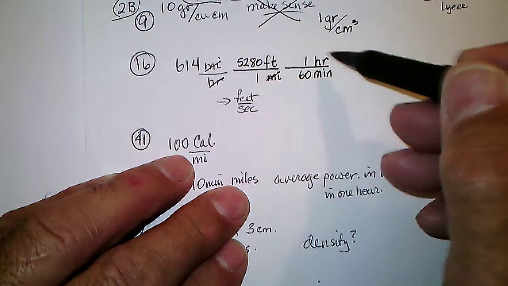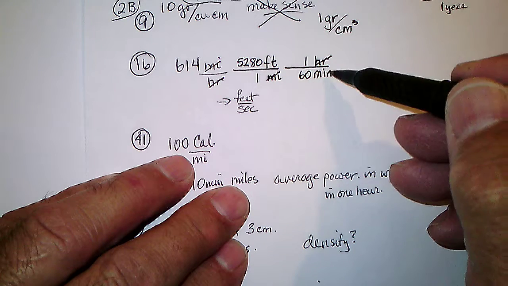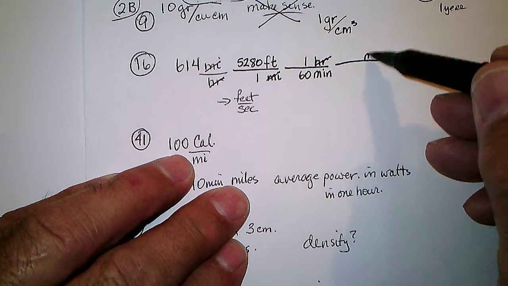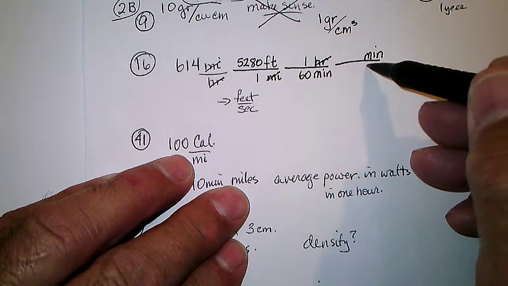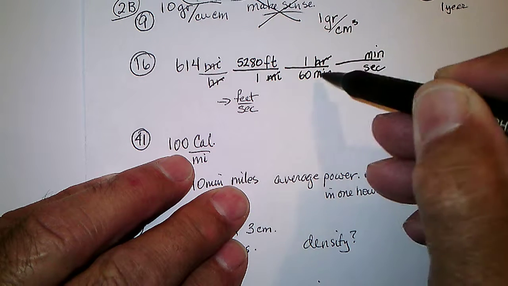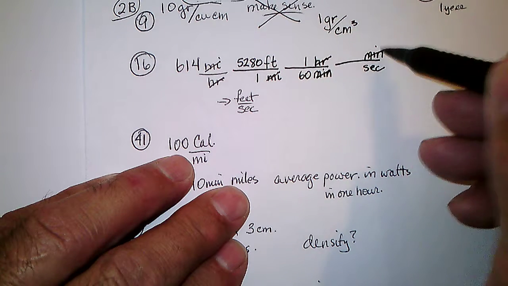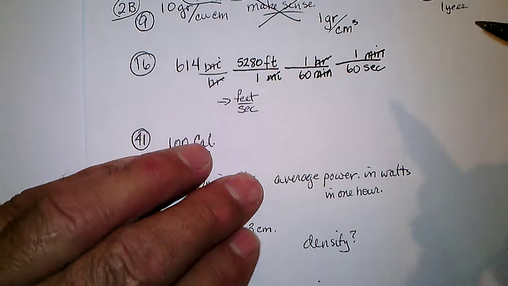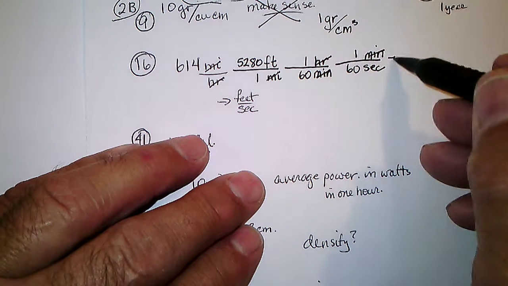Now I'm down to feet per minute, and then I need to get the minutes to drop out and get seconds. So I'm going to get minutes to cancel, and 1 minute is 60 seconds.